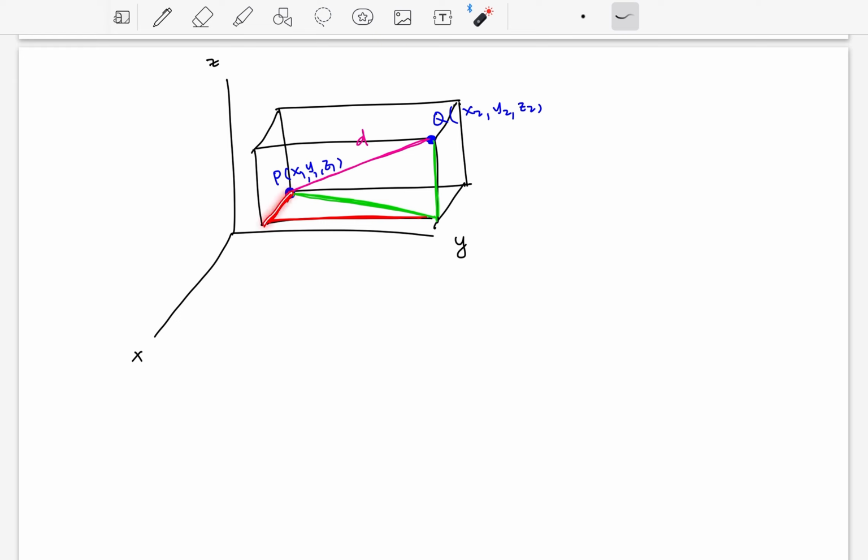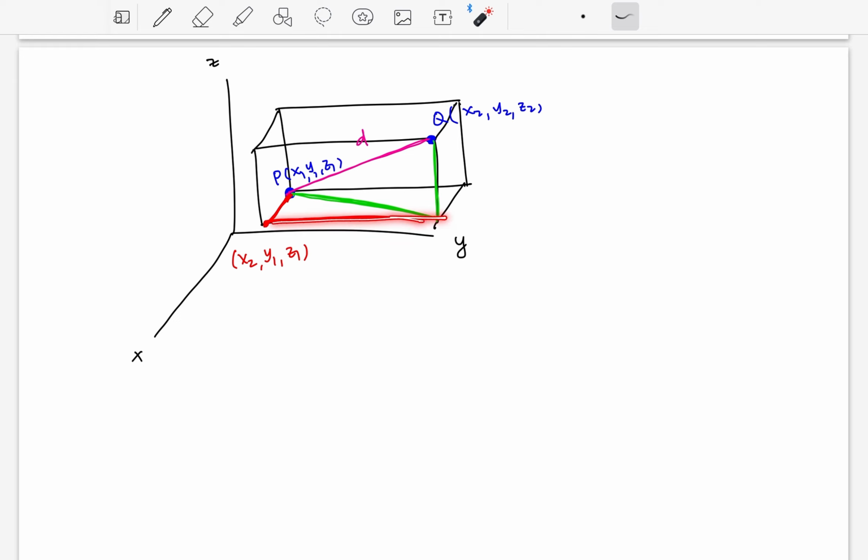So for these points, the x, y and z components are the same. The only thing changing here is x, right? It's changing in that direction. So this point right here is the point x2, y1, z1. And then this point right here is the point, well, I am changing y, right?